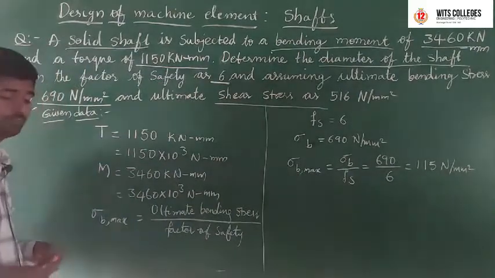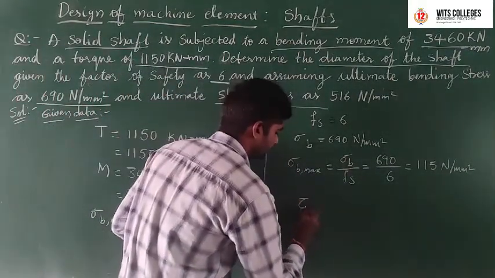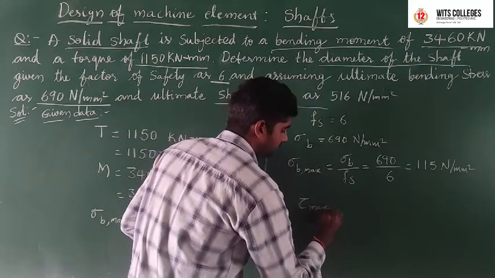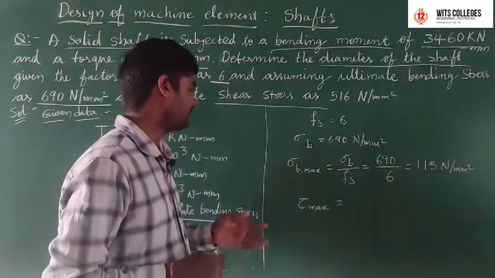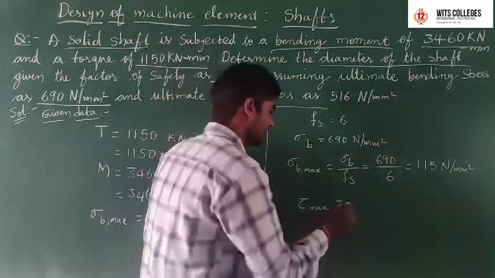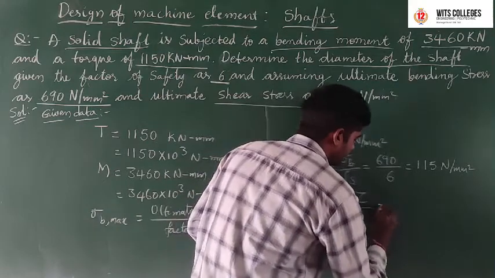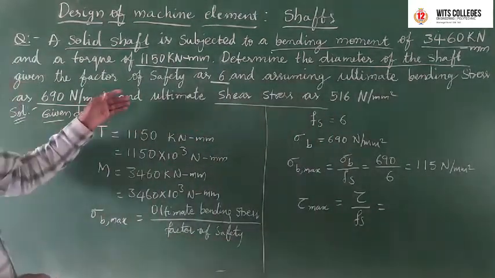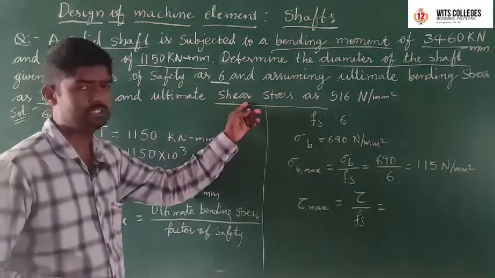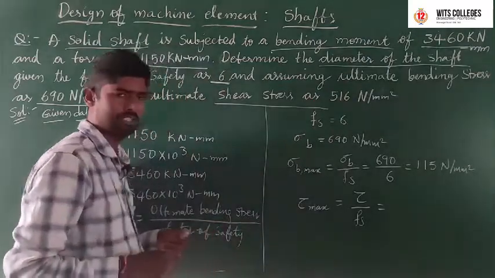Next, coming to the maximum shear stress, tau max. Tau max is equal to tau by factor of safety. Tau is already given in our question, shear stress as 516 Newton per mm square.